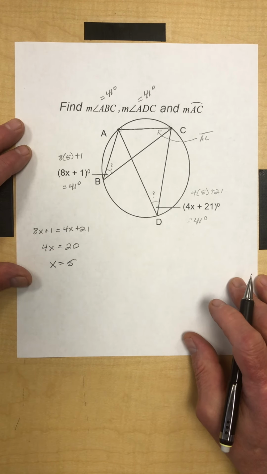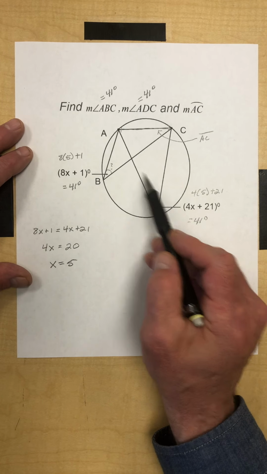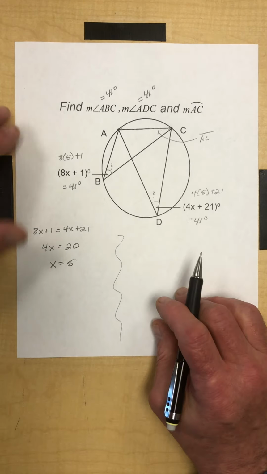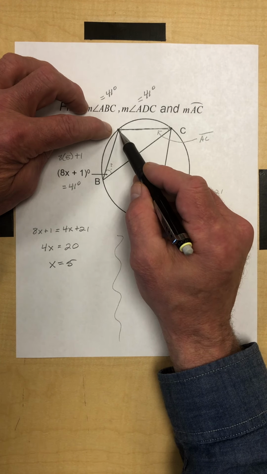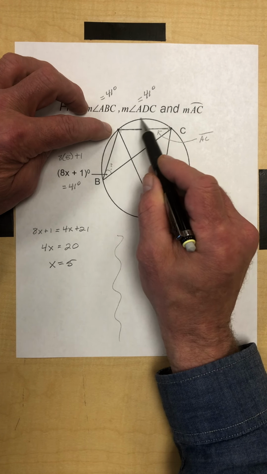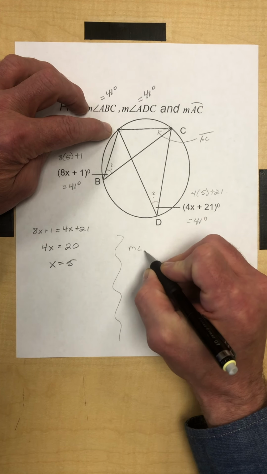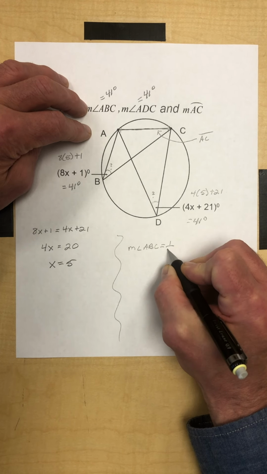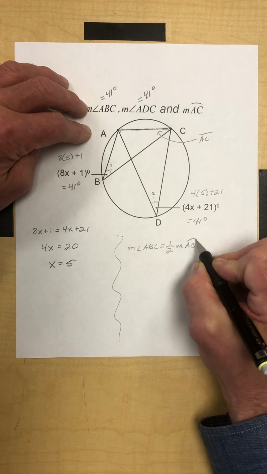Now it wants the measure of arc AC. So again, we can use either inscribed angle to find this. It doesn't make any difference. We know from the previous days that the measure of any inscribed angle, angle ABC, is half the measure of the intercepted arc. So the measure of angle ABC has to be half the measure of the intercepted arc AC.